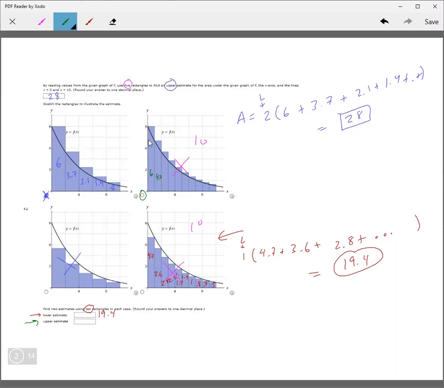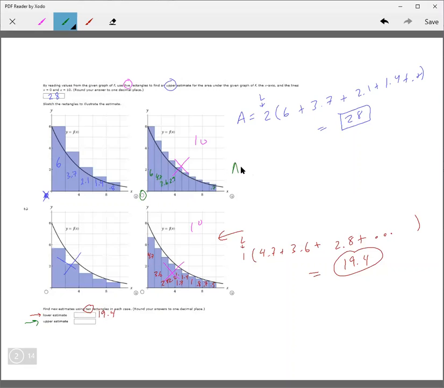4.7, because each of these rectangles is bigger than the corresponding area under the curve in that slot. And then this goes all the way down to 0.7.